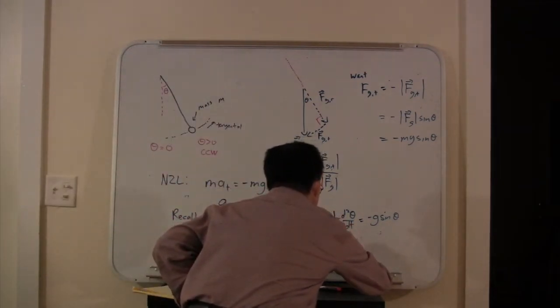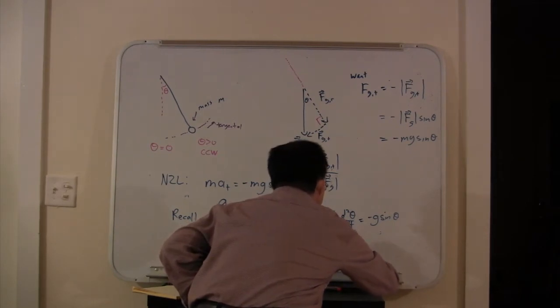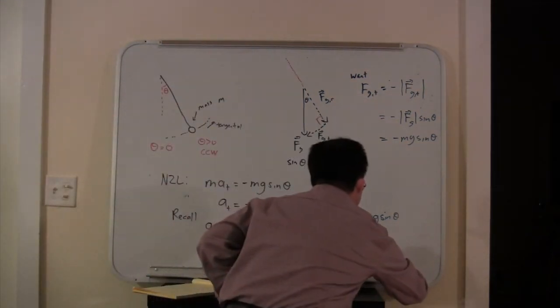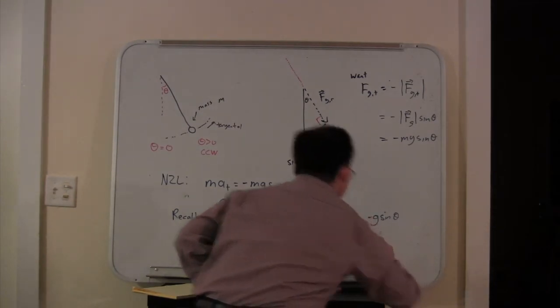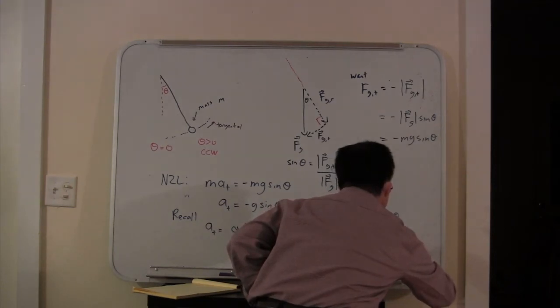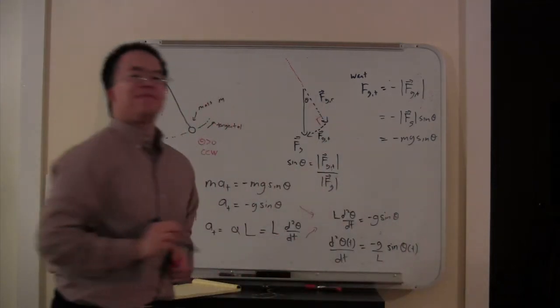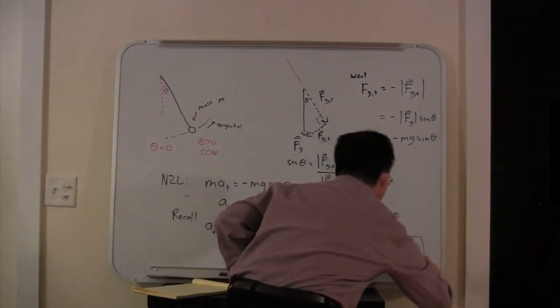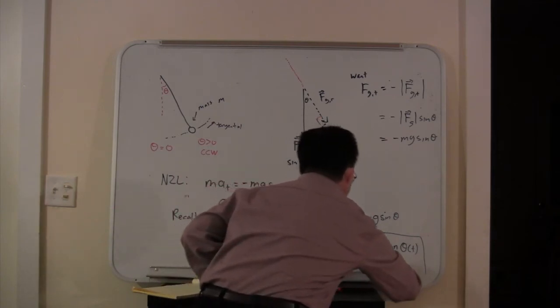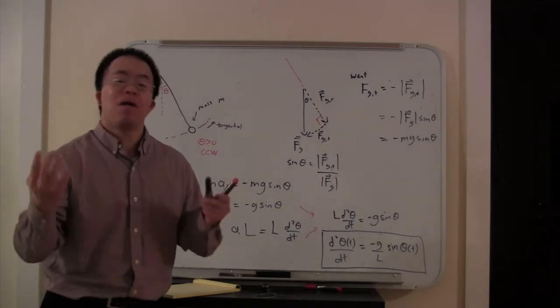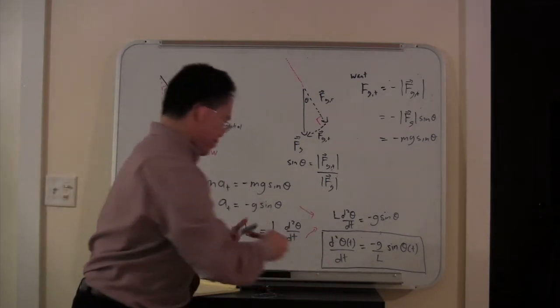So we get d squared theta of t over dt squared equals minus g over L times sine theta of t. This now is the pendulum equation of motion, and it's valid at all angles.